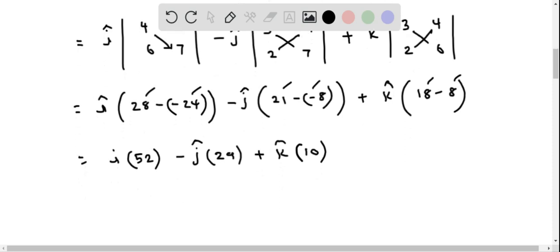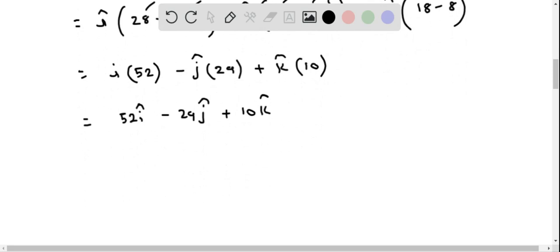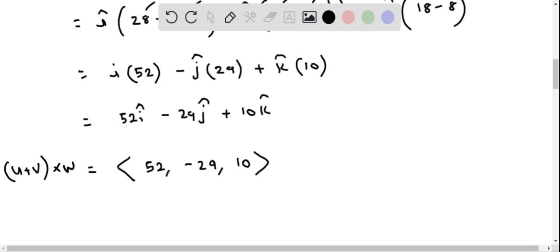And so this is equal to 52i minus 29j plus 10k unit vector. This can be written in component form as 52, minus 29, 10. And so this is u plus v cross w vector.